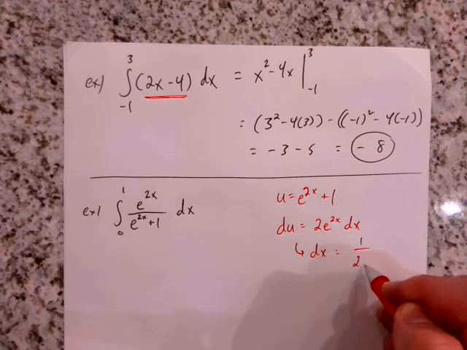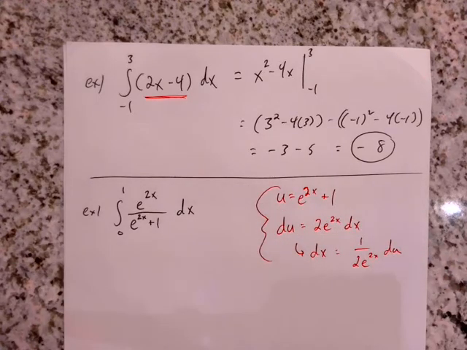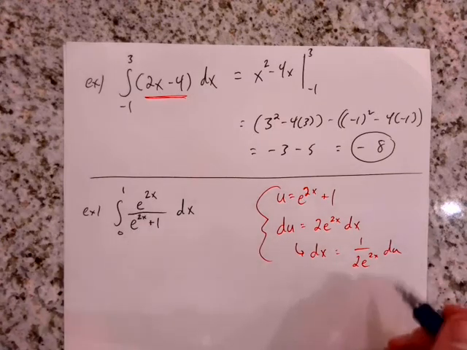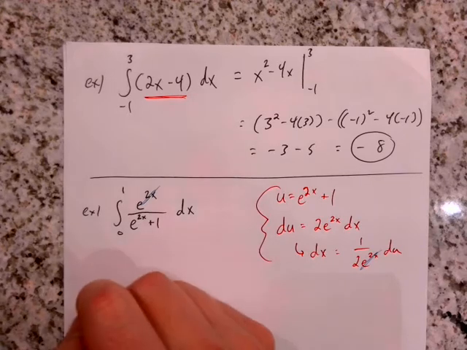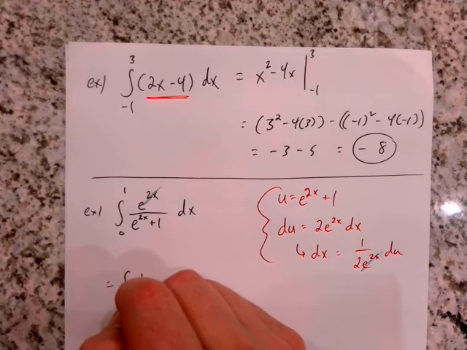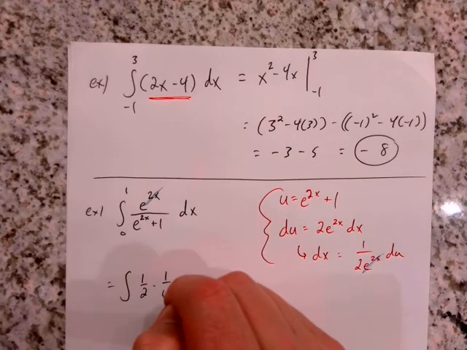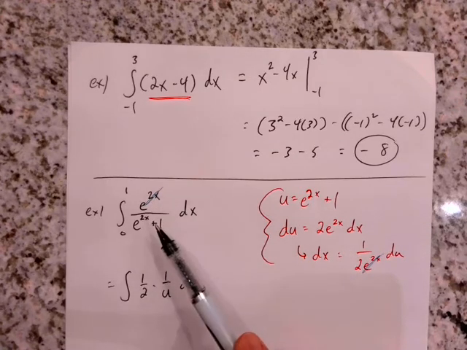And in order for this to have worked, we need to have this e to the 2x cancel out, which it does. This e to the 2x and that e to the 2x cancel out. It leaves us with the integral, I'll do the bounds in a second, of 1/2 times 1 over u. Right, the 1/2 came from that 1/2, and then this is now u, so it's 1 over u, and then du.